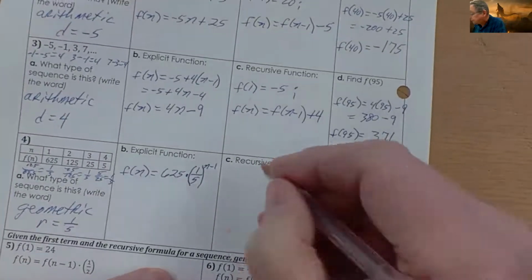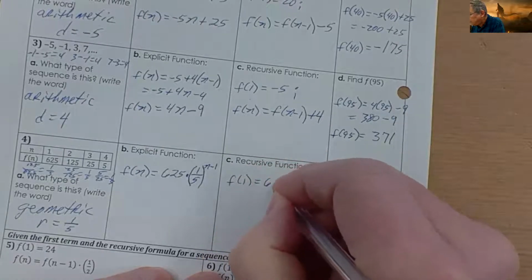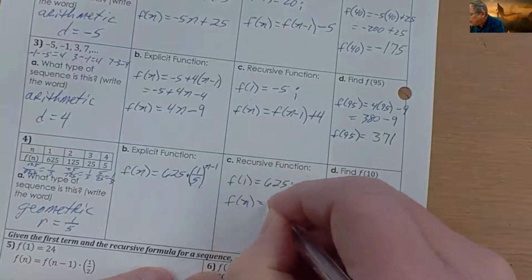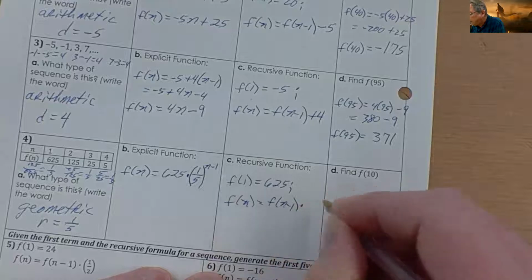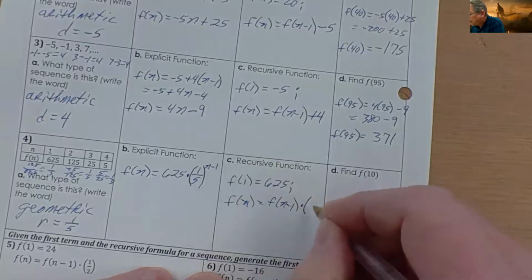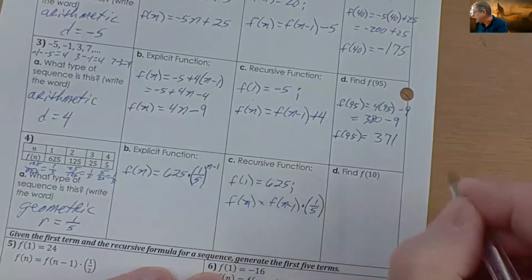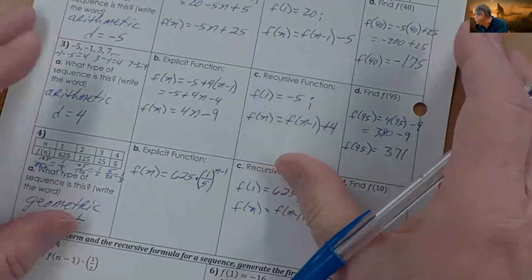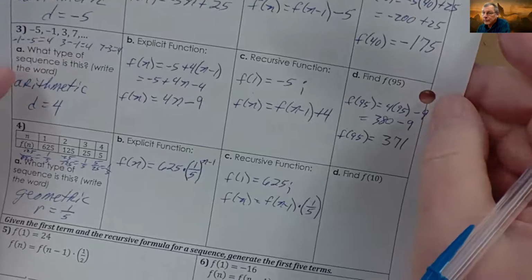Recursive. First term is 625. f of n then is f of n minus 1 times r, which is 1/5. Again, make sure you put the r in parentheses. We always put the fractions and negatives in the parentheses.